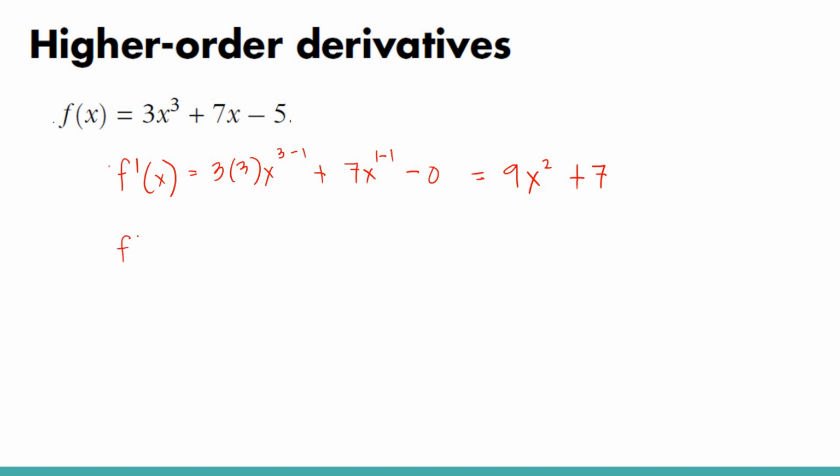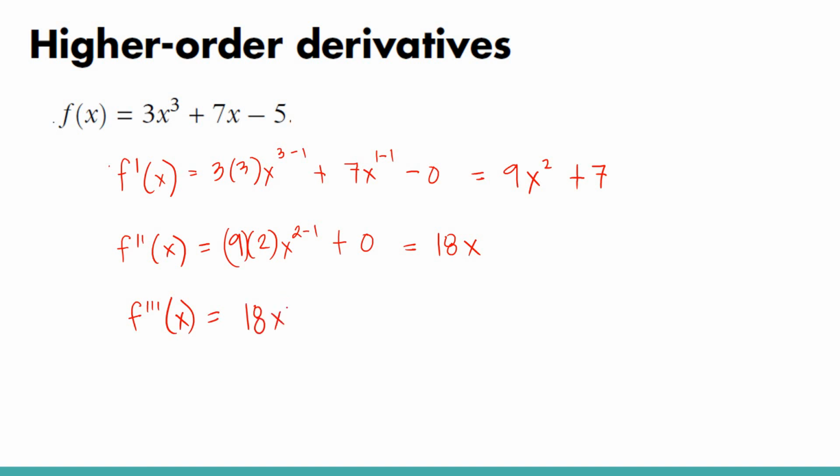Its second derivative, f double prime of x, equals 9 times 2x raised to the power of 2 minus 1, plus 0. So this will become 18x. Third derivative, f triple prime, equals 18x raised to the power of 1 minus 1, or this is equal to 18.